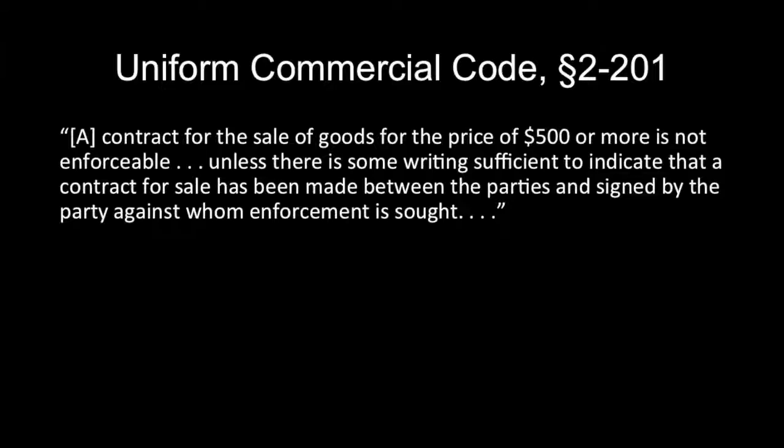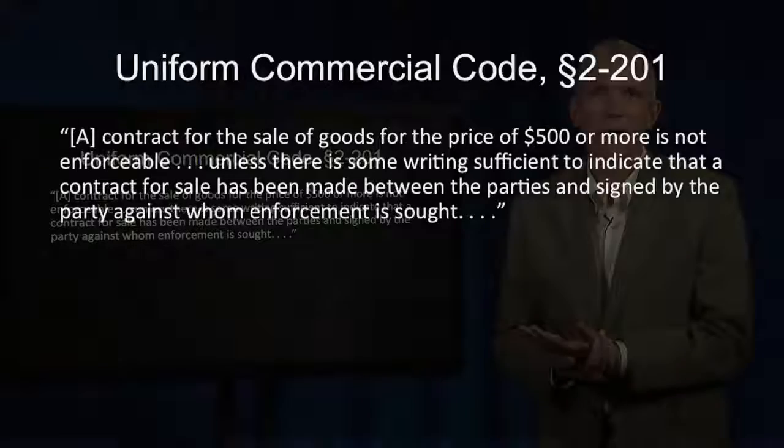Subsection 1 provides that a contract for the sale of goods for a price of $500 or more is not enforceable unless there is some writing sufficient to indicate that a contract for sale has been made between the parties and signed by the party against whom enforcement is sought.